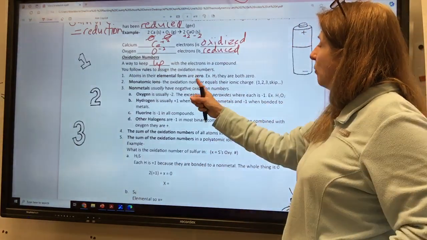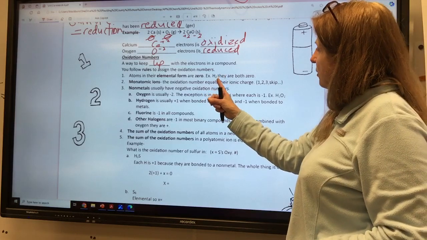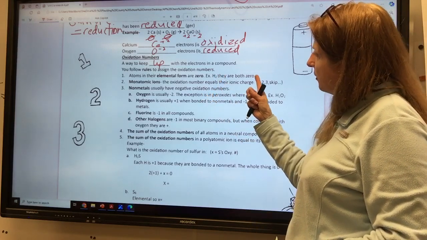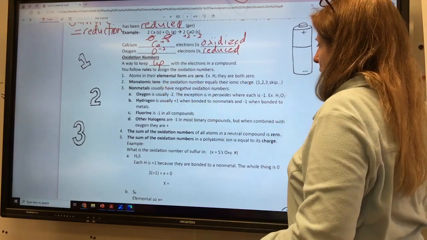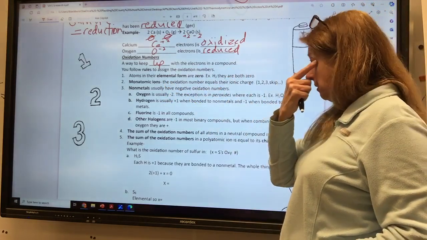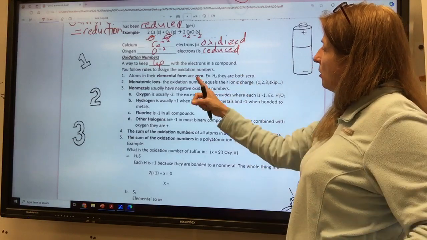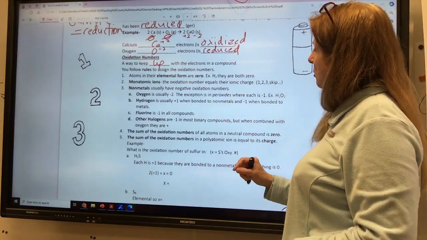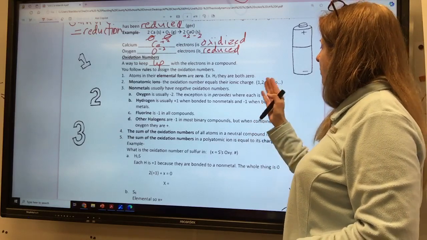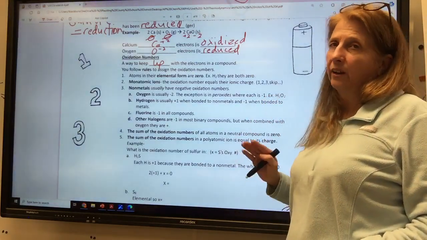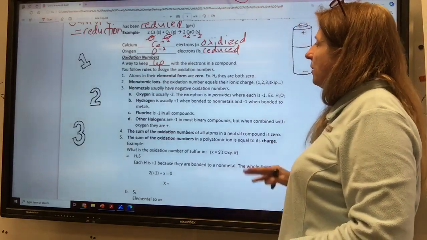Atoms in their element form are 0. So H2 is an element, they're both 0. Monatomic ions. So it's just one atom, then you use the oxidation number equivalence equals their ionic charge. So if they become an ion, they're 1, 2, 3 skip, -3, -2, -1 zip.